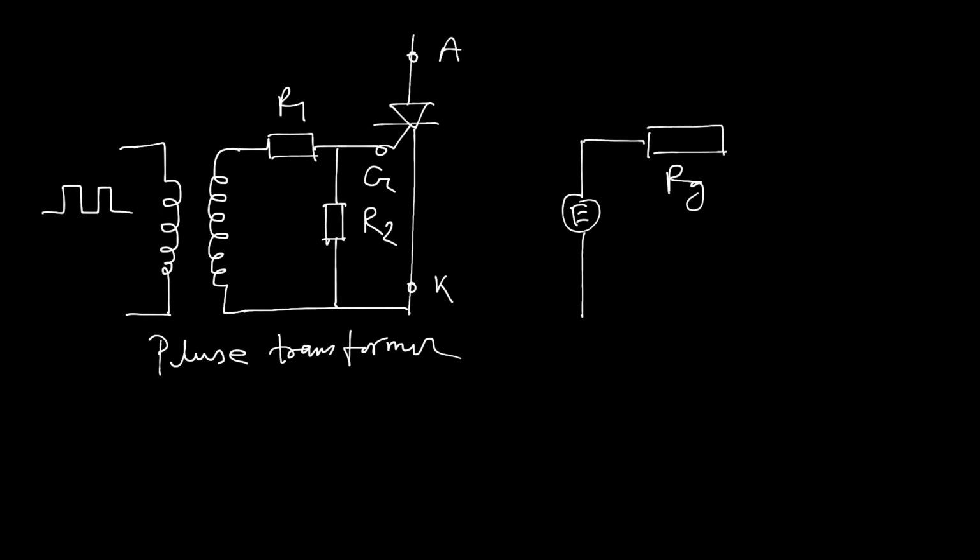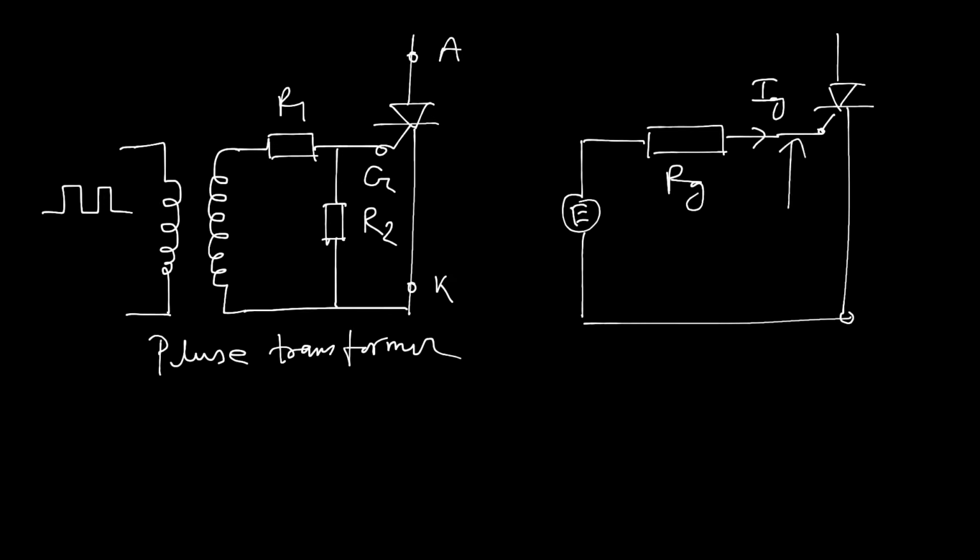This is actually the combination or the internal resistance of the driver circuit or combination of R1 and R2, which defines the resistance of the gate, and this is IG, and this is the thyristor, and voltage across this gate and cathode, suppose this is VG.